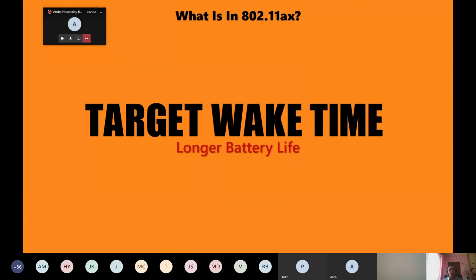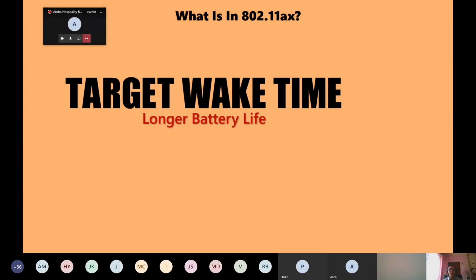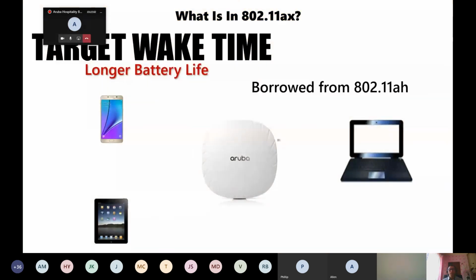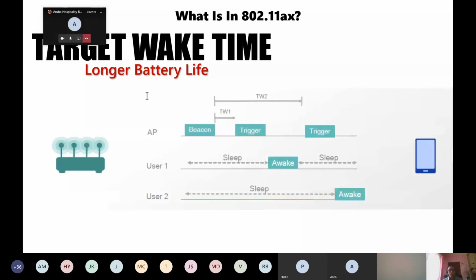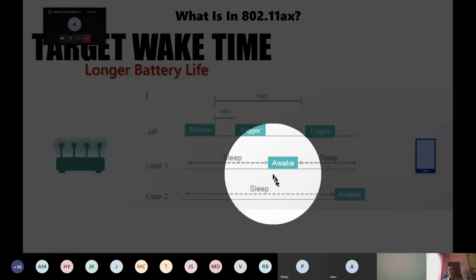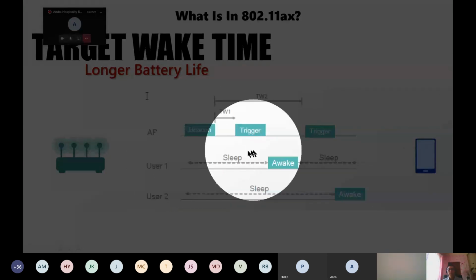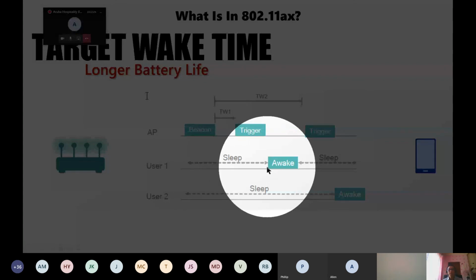The last bit is target wake time, which improves battery life, and I'm just going to quickly explain that with Wi-Fi 6. The AP actually negotiates a sleep-wake schedule with the clients. This allows the clients to go to sleep for longer, and the AP will use the trigger frame to wake up the individual client to transmit or receive.